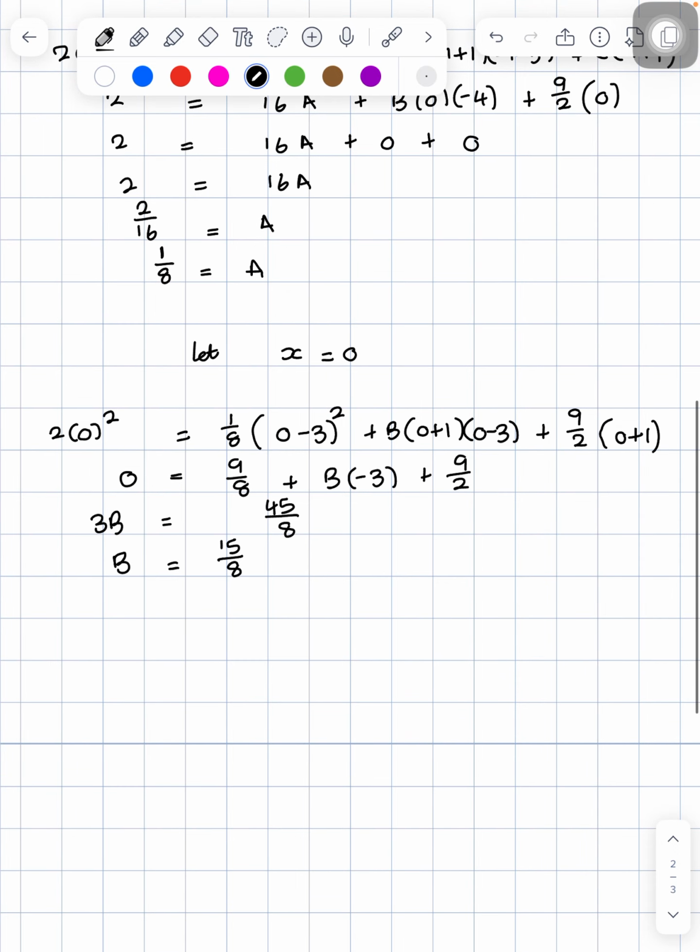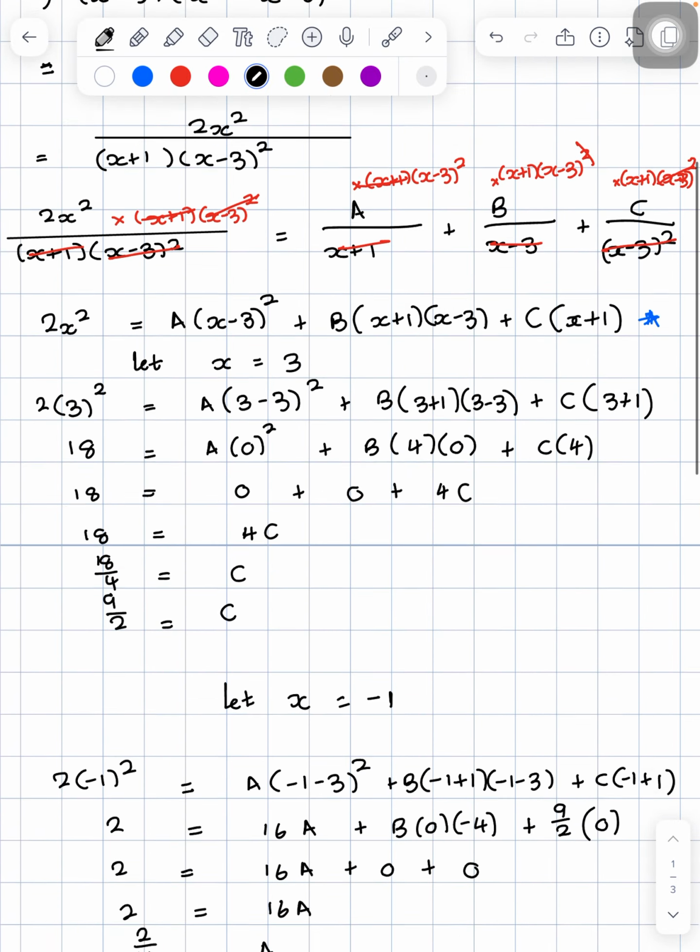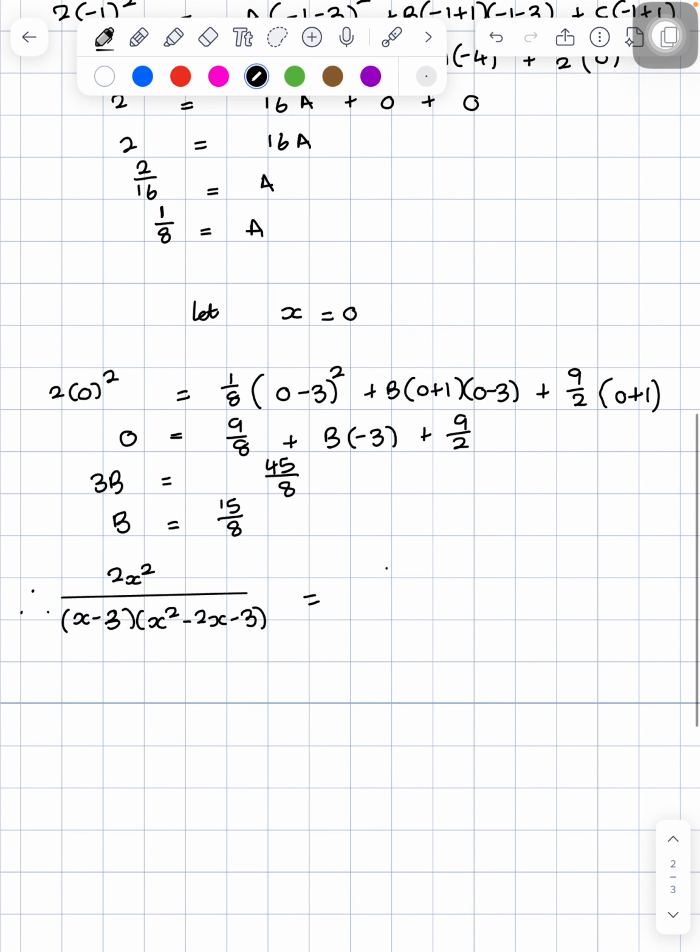Right, so therefore, our question was what? 2x squared over x minus 3, it was x minus 3, squared, minus 2x minus 3, equal, our a is 1 over 8, which means it's 1 over 8 over x plus 1.